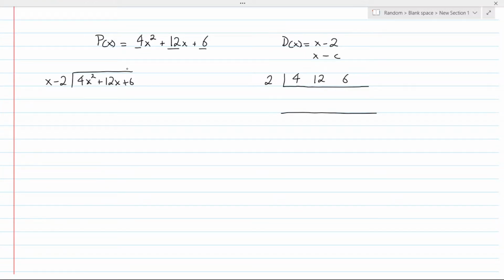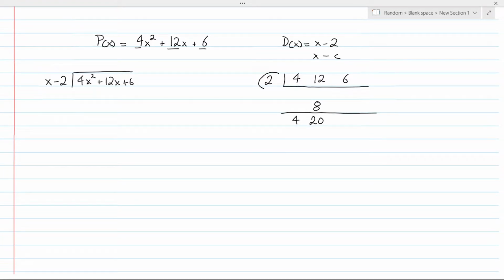Next, we will write the first coefficient here, 4, and then we will take the 2 and multiply it by the 4 to give us 8, and then we will add these two numbers together to give us 20.